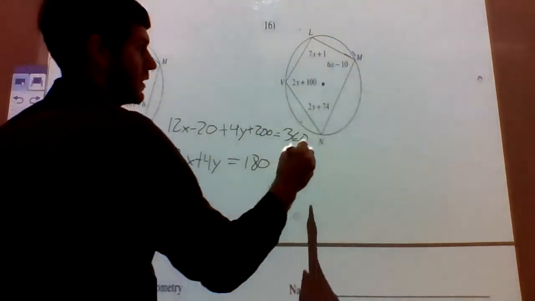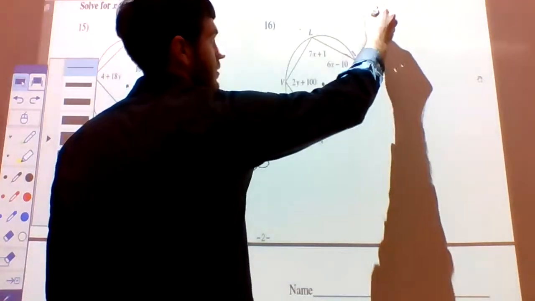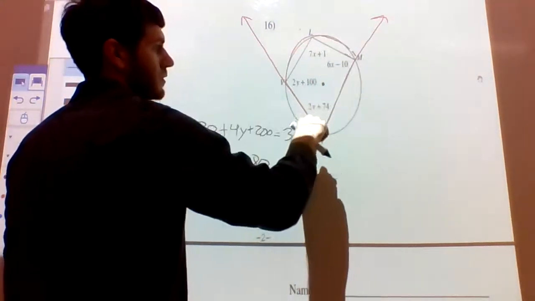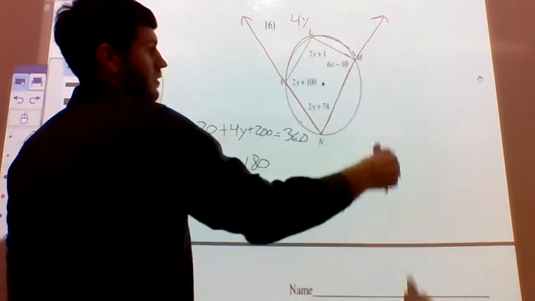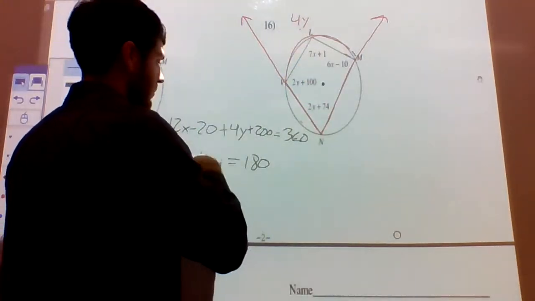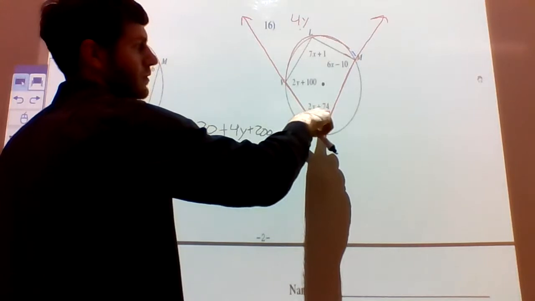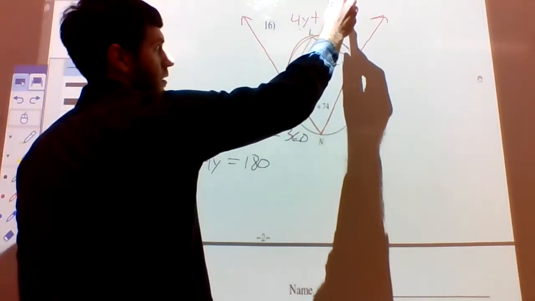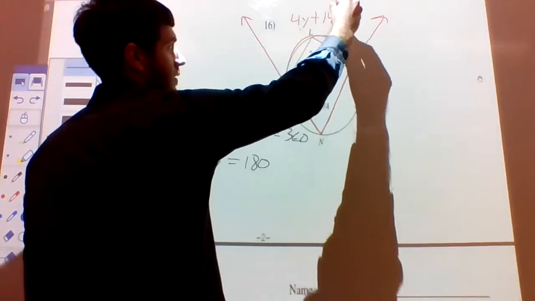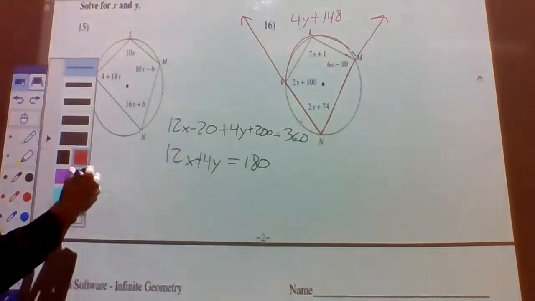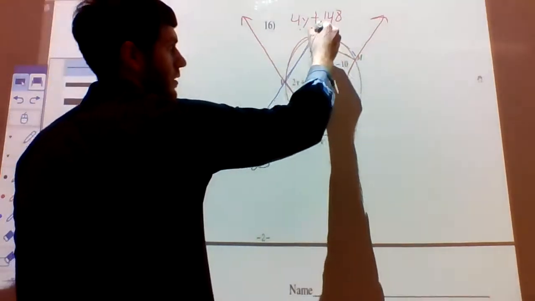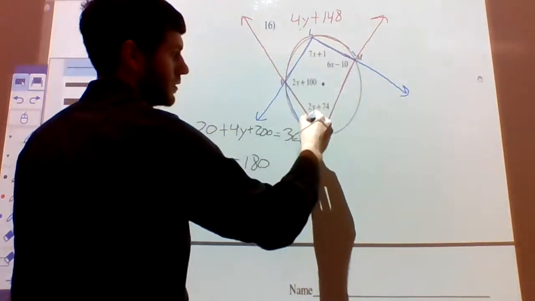Okay, red. So here's one. Here's our intercepted arc. So that's going to be 4y. Look, our 4y's are going to cancel out, I bet. 75 times 2 is 150, so that is 148. Okay, because we doubled it. Then here's our other angle. Here's our intercepted arc.